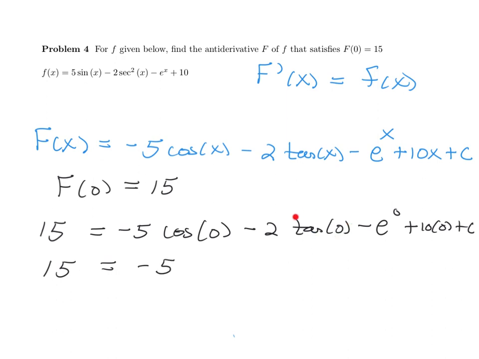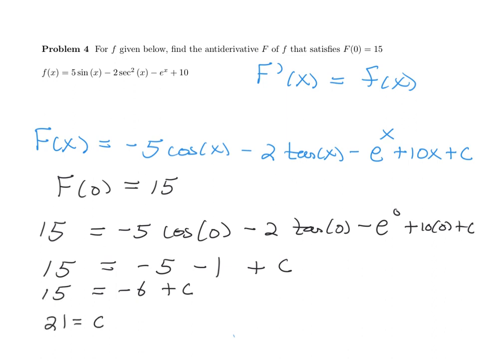Tangent of 0 is 0, so 0 times -2 is 0. I won't even write that portion. Then we have minus e to the 0. e to the 0 is 1, so I get minus 1. 10 times 0 is 0. I'm not going to write that. And then we have plus c. So we have that 15 is equal to minus 6 plus c. If you add 6 to both sides, you get 21 is equal to c.